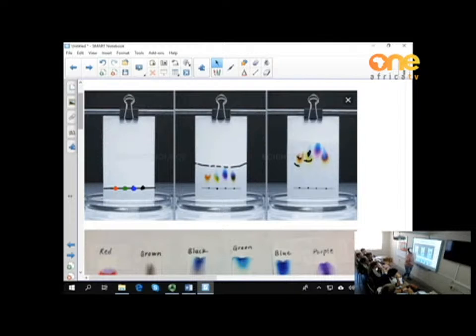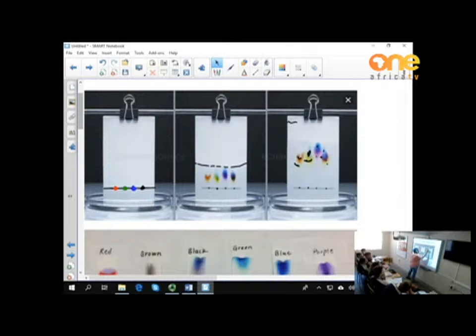The blue ink contains blue and purple. And the black ink contains some yellow, there's some orange, there's some purple if you look carefully, if you're allowed to move further, and there is some blue.